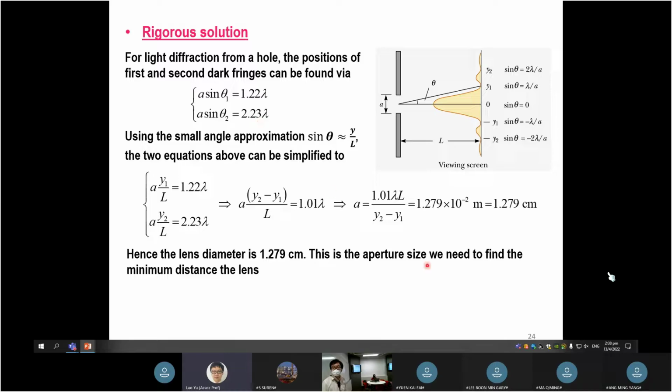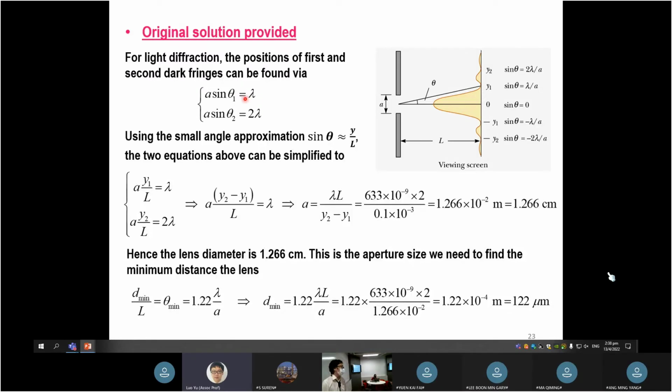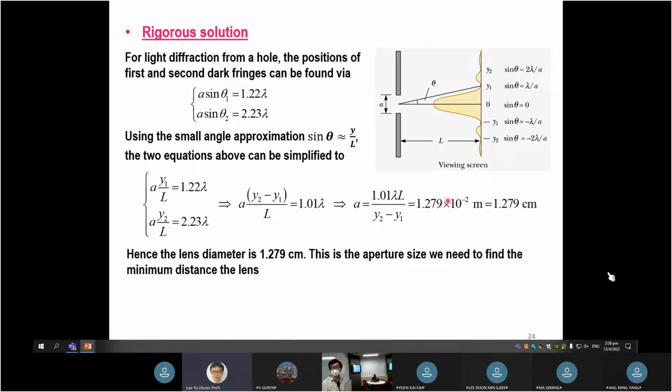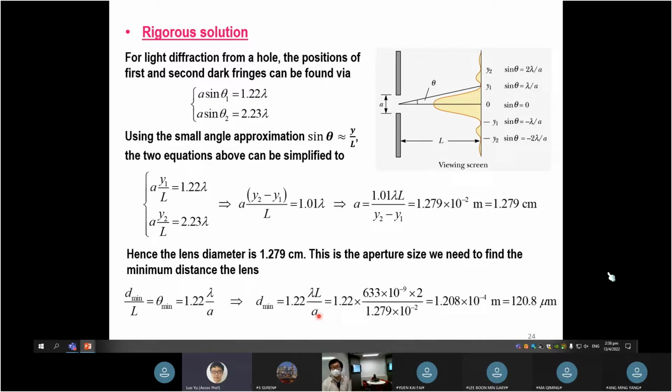Now A is the diameter, because this applies to a circular aperture. Previously, my A was the width, because that was a slit aperture. If you calculate your diameter this way, you find it's a little different from the previous one. Then you will find the smallest distance you can resolve is 120 micrometer.